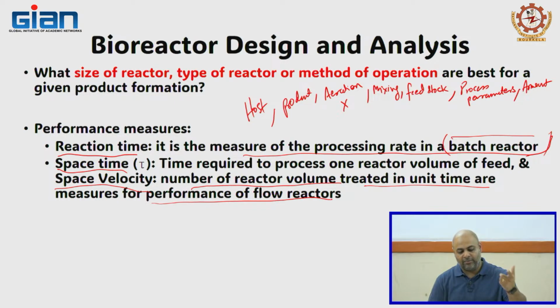So, both space time and space velocity are used to define the performance of a flow reactor. Reaction time is only used to define the performance of a batch reactor.